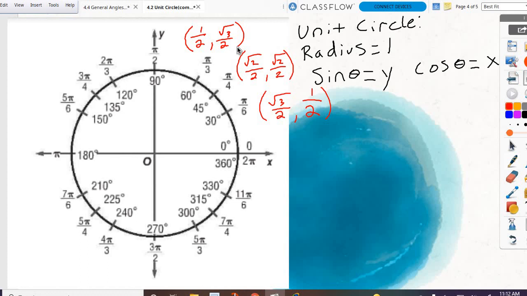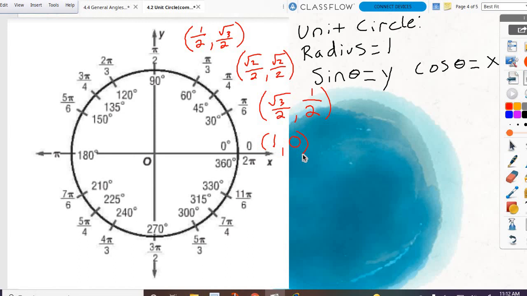Yeah, so what does the length of this segment have to be? 1, and we went to the right, so which one of our variables needs to be 1, X or Y? X. So our x value here is going to be 1. Did we move up or down any? No, so what's our y value? 0. So what does that mean cosine of 0 is? 1. And what is sine of 0? 0.